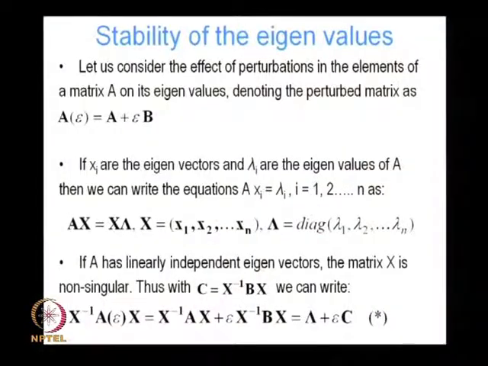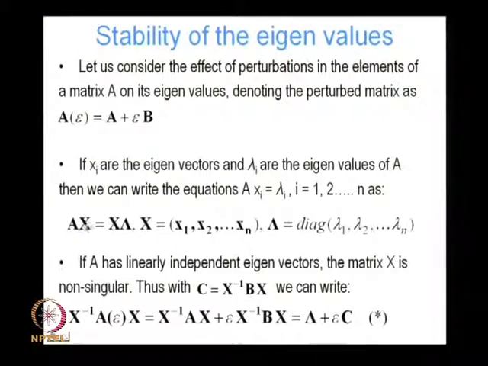X comprises n columns, each column being an eigenvector of A. So A operating on X is equal to X operating on lambda. Basically, we are writing all the eigenvalue equations together. We are creating a matrix X, each column of which is an eigenvector, and a diagonal matrix lambda, each diagonal entry of which is an eigenvalue. So we can write it like this.